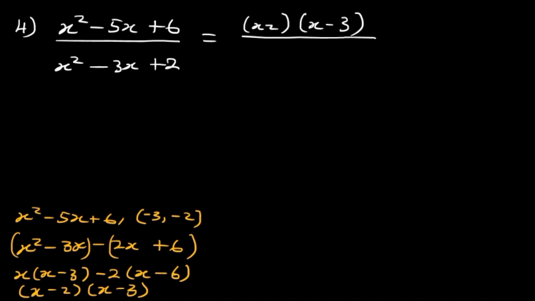Okay, so if we do the same thing for the denominator, think of the product of 2 and the sum of negative 3. If we do that, we can plug in x minus 1 and also x minus 2. Okay, if you do that, it will give us the solution.